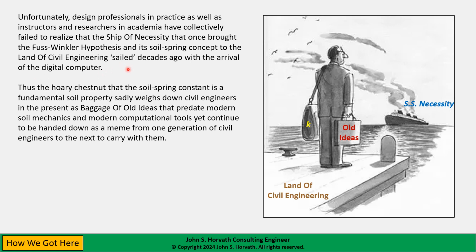Thus, this hoary chestnut that the soil spring constant is a fundamental soil property, that people continue to believe in to the present, I think really bogs down civil engineers with a lot of old baggage.